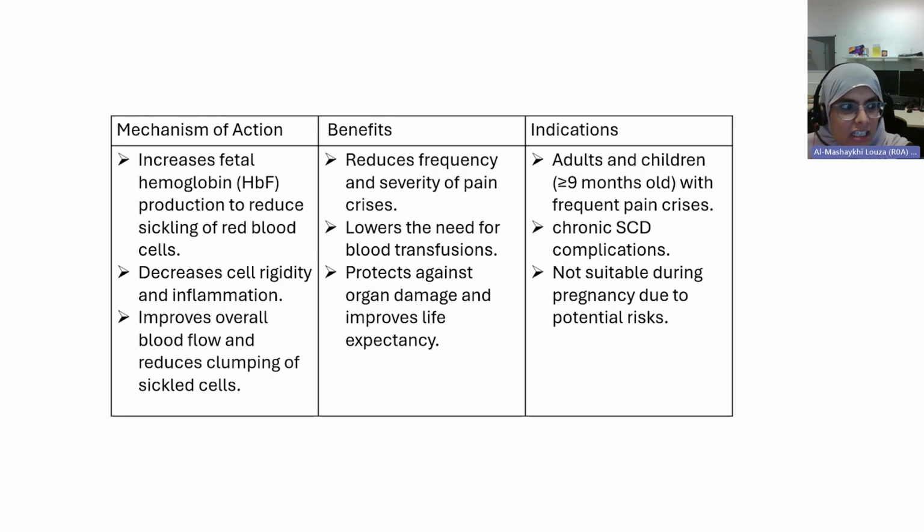So what is the mechanism of hydroxycarbamide? It increases fetal haemoglobin, and by that will reduce sickling of red blood cells and decrease the rigidity and inflammation provoked during the painful crisis, improve overall blood flow and reduce clumping of sickle cells.